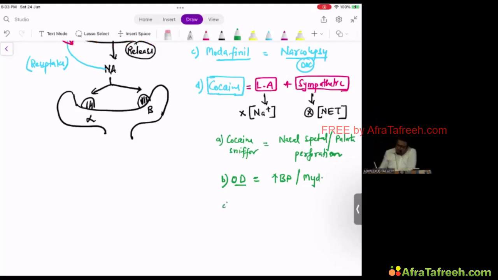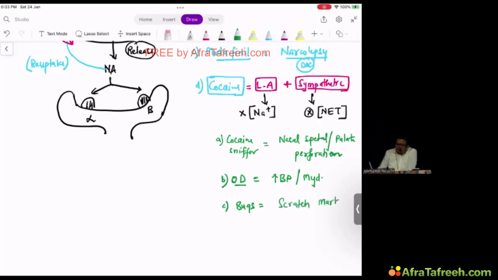Third, in cocaine addicts, I am telling you there is one more property not related to sympathetic, but I'll tell you. Cocaine bugs, have you heard? The patient feels tactile hallucination, that insects are crawling on his body. So when an insect is crawling, what will you do? Scratch marks.